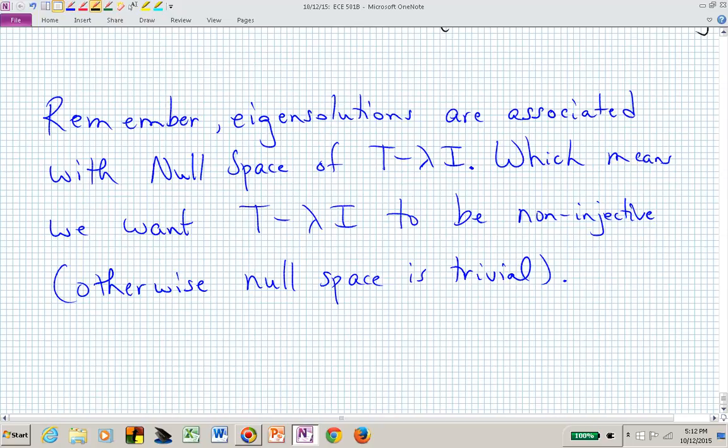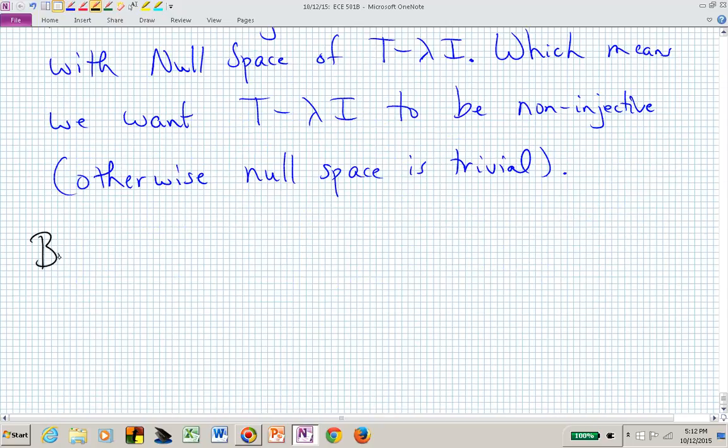But remember what other relationship we have relative to a linear operator in terms of those three equivalent relationships between injective, surjective, and invertibility.